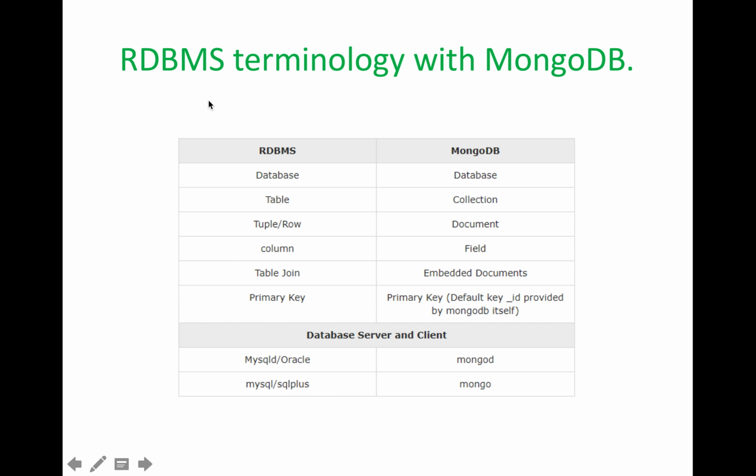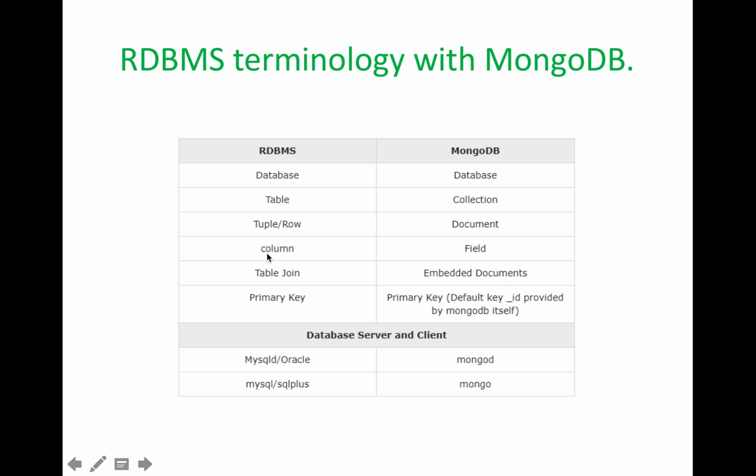So here is the RDBMS terminology compared with MongoDB. This is the RDBMS and MongoDB. RDBMS database and MongoDB database are called by the same name. An RDBMS table is called a collection in MongoDB, an RDBMS row is called a document in MongoDB.